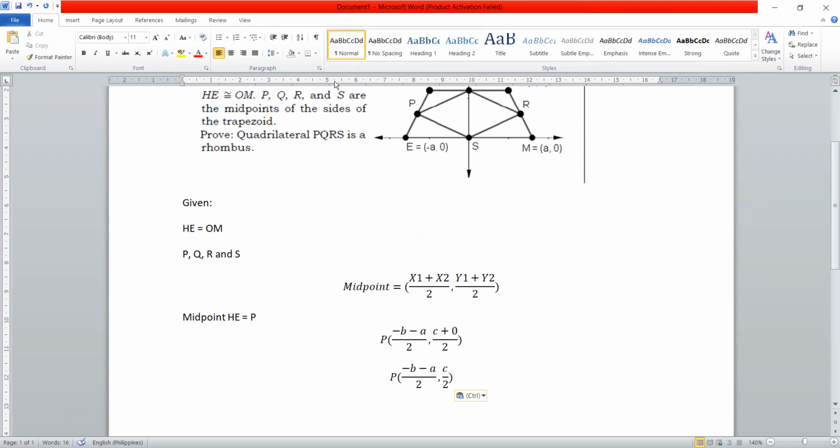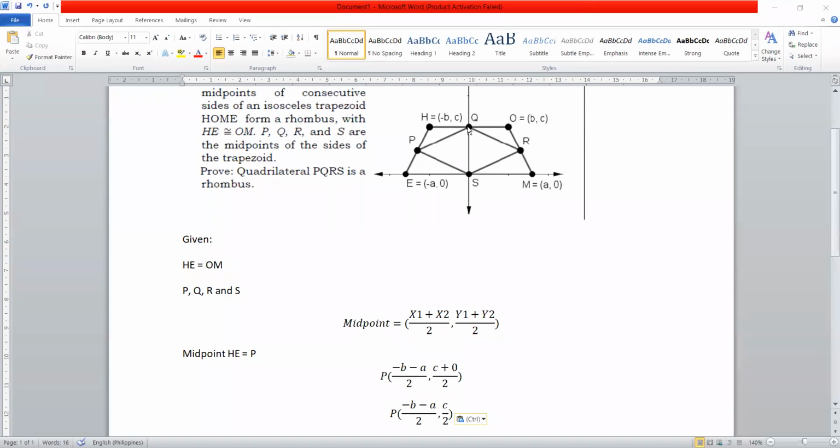Next, let's look for the coordinates of your point Q. That's the midpoint of the line segment HO. Say this is your point 1 again, and this is your point 2. You have there negative B plus B divided by 2, and you have there C plus C divided by 2.